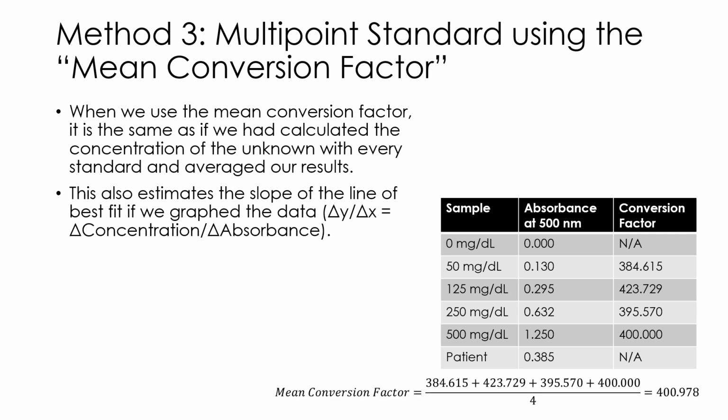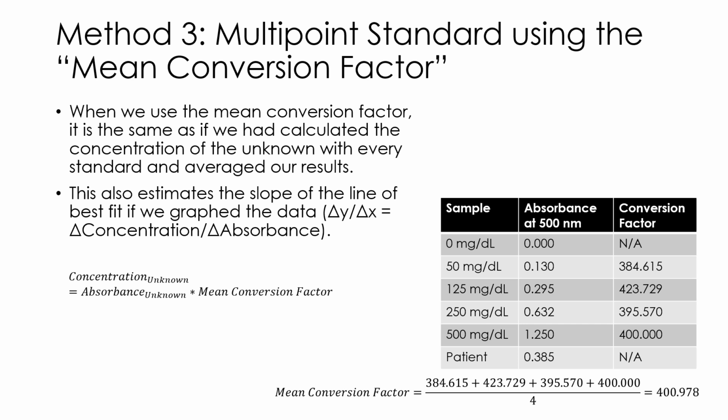Remember in method 1 that the slope of the line of best fit was 400 for this data set, and the mean conversion factor for this data set is 401, proving that the mean conversion factor is a good estimate of the slope of the line of best fit.